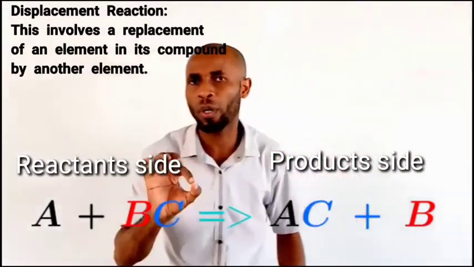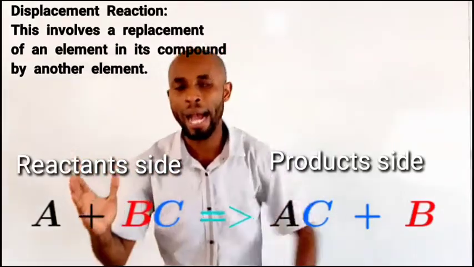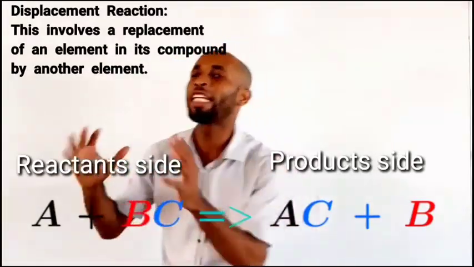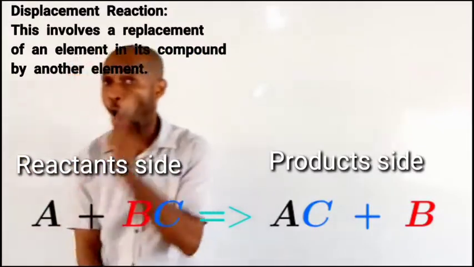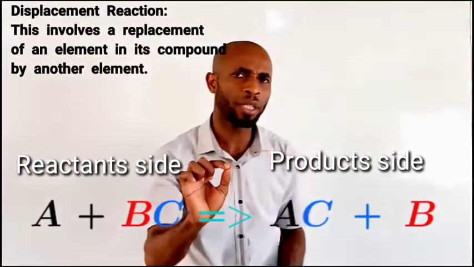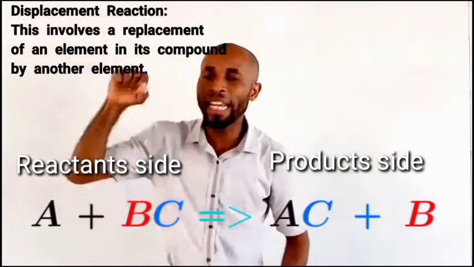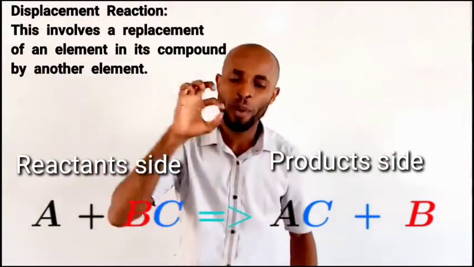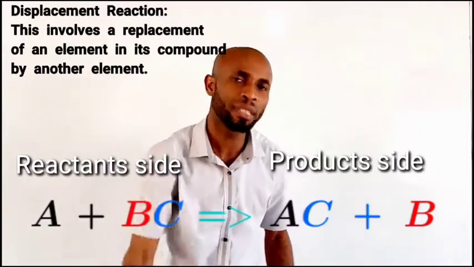For this reaction to occur, it means that A and B are either electropositive elements or they are electronegative elements. Secondly, it means that A is above B in the reactivity series.